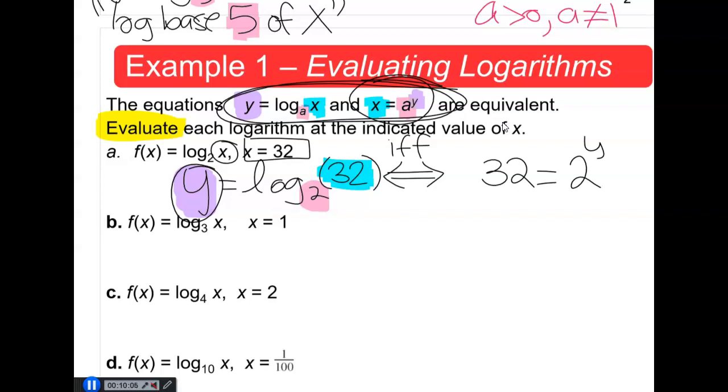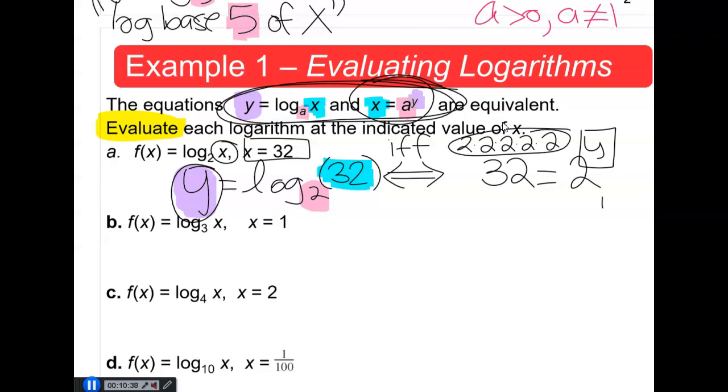So now the question is, to what power should I raise the base 2 so that I get 32? And so that will be 2 times 2, that's 4, another 2, that's 8, another 2, that's 16, another 2, that's 32.